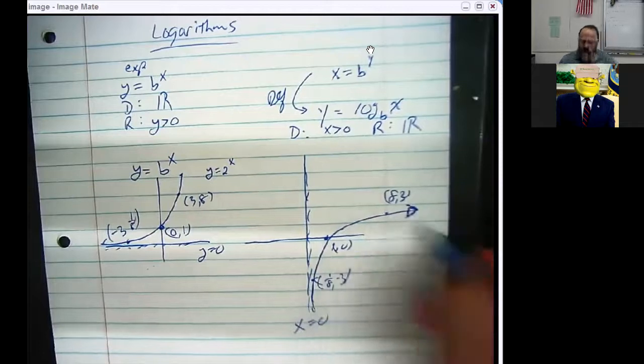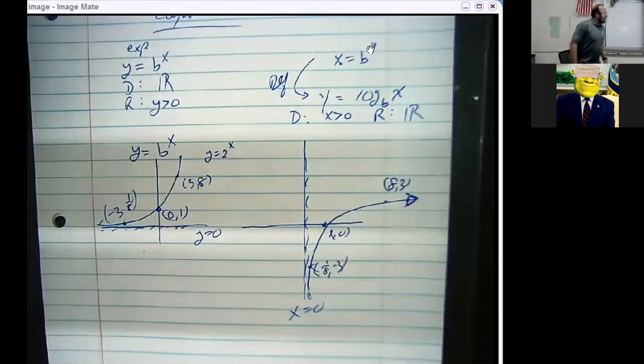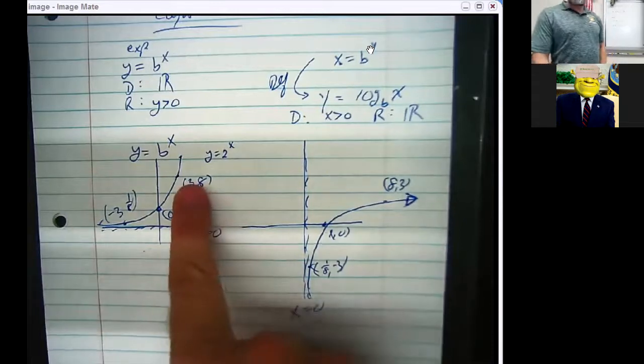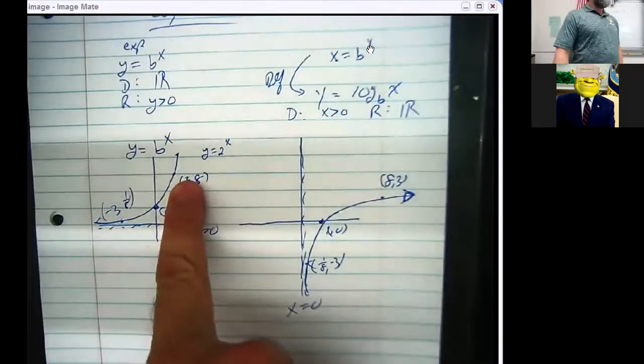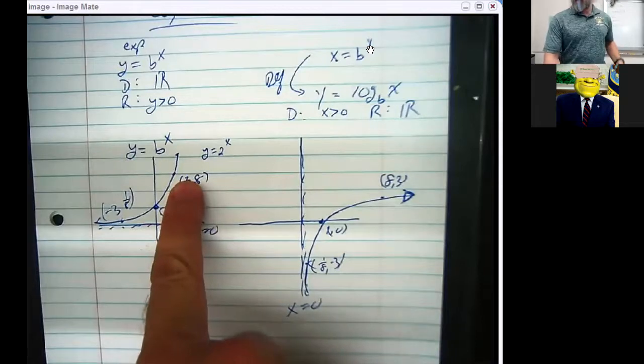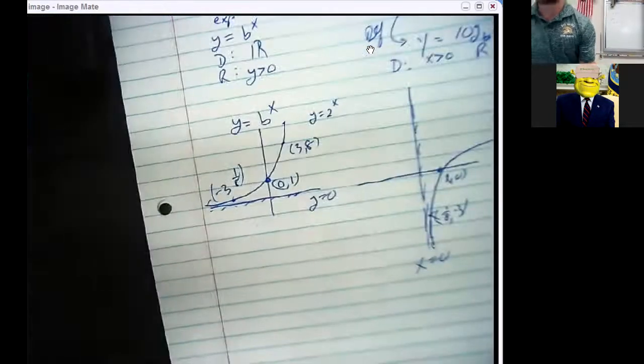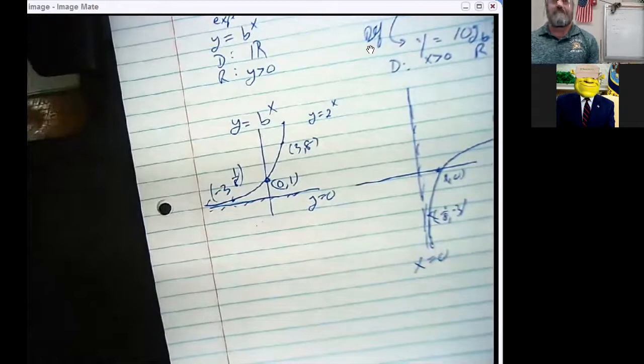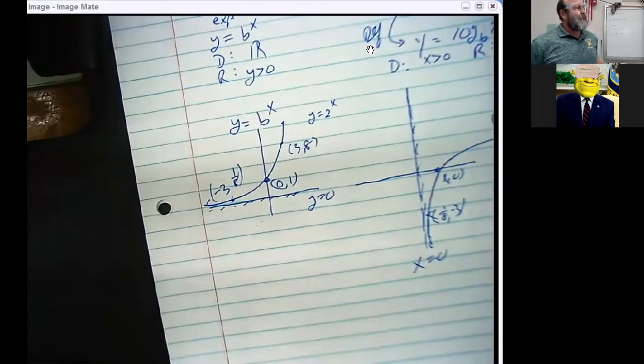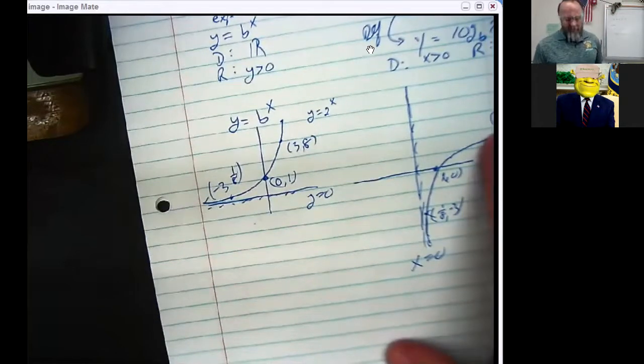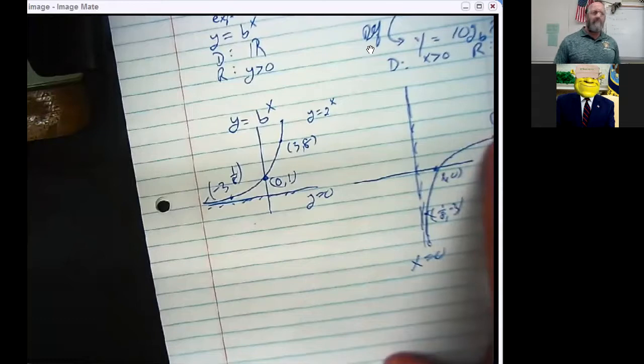Now, what is very, very deceptive about these graphs is, you see how steep that sucker was? What happens if something is really, really steep and then you take its inverse? It becomes really, really flat. Something that's super steep becomes something very flat. See, it took me 8 units over here to get a height of 3.